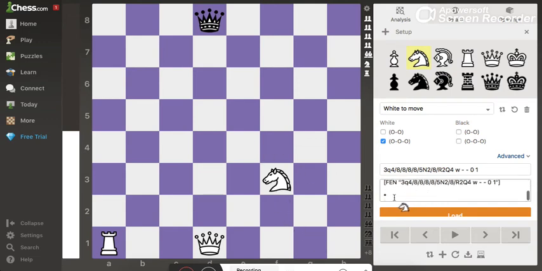Here it is N, knight. The capital letter goes for all the major pieces. F is this file, and which row? 3. So Nf3. Basically this is the way of writing notation.